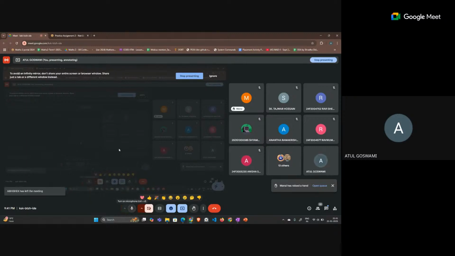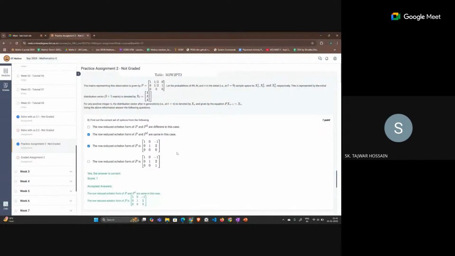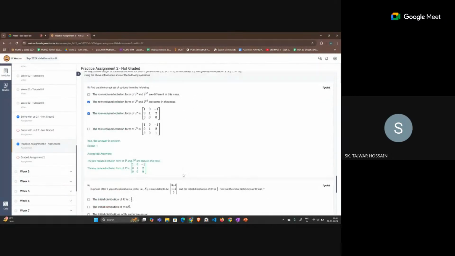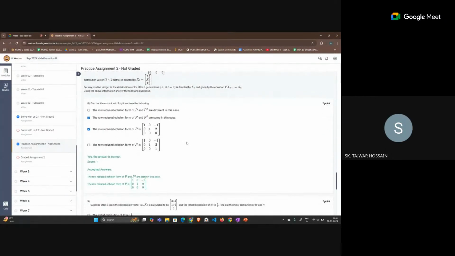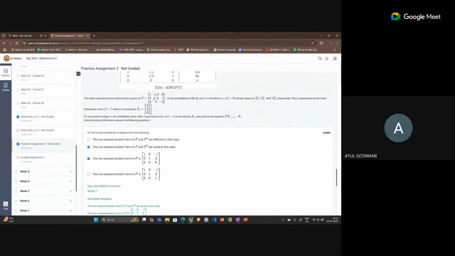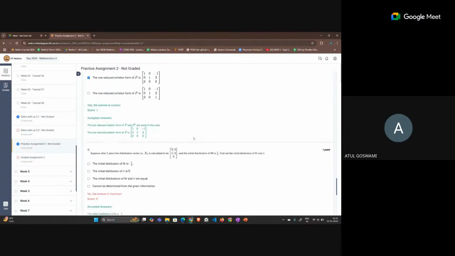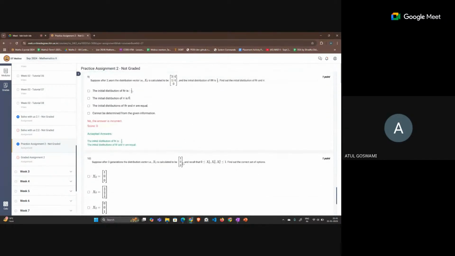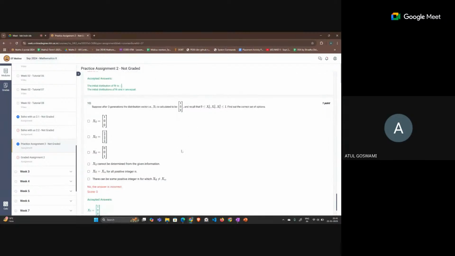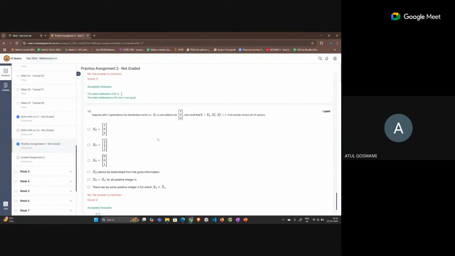The way we concluded the row reduced echelon form of P and P square are same, so we have to first calculate P square and then compare it, right? Yes. It is very easy to calculate P square. Okay, so this question is done now.